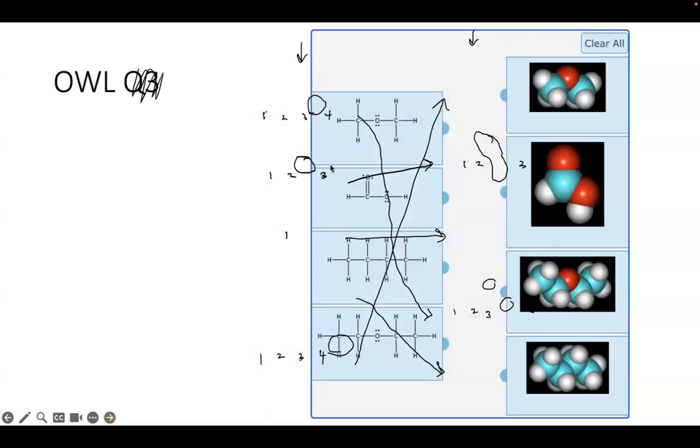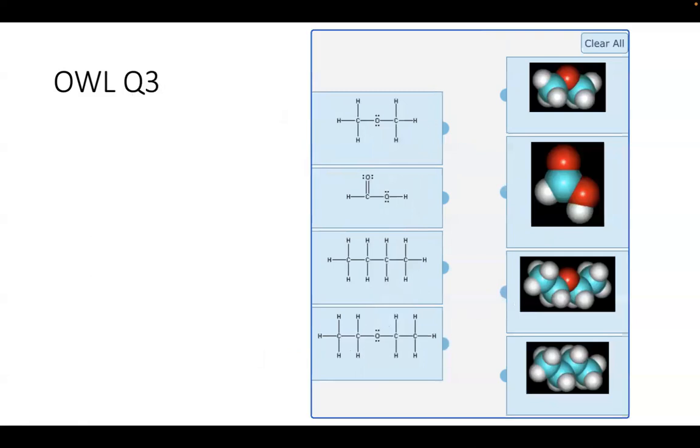The same question might generate the 3D structures. And so in the 3D structures, white are hydrogens, blues are carbon, and red is oxygen. So here we have a carbon with an oxygen smashed in the middle, and I see this guy.